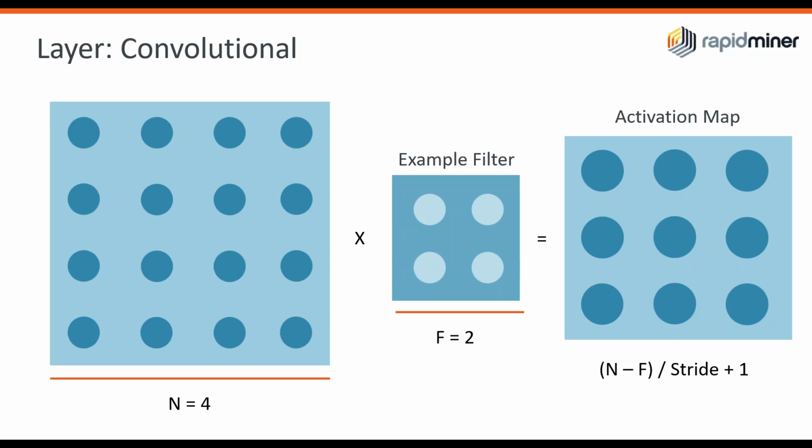And so here you'll just see that, for example, if our hidden layer, which is a convolutional layer here, has a size of 4 by 4, and our example filter has a size of 2 by 2, we end up with a 3 by 3 activation map. But this is only because we're using something called a stride. And this is not complex. This is just the step size we are using when moving from one region to another.